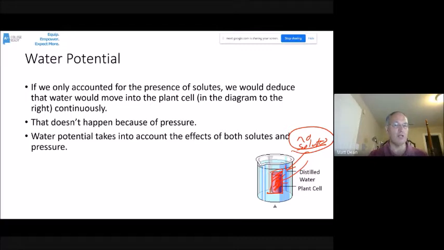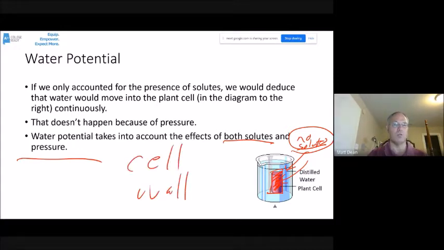That's all the water that can come in at this point in time. So water potential takes into account both the solutes and the pressure, which are very important for any cells that have cell walls, which remember are plant cells, fungal cells, and also most bacterial cells.